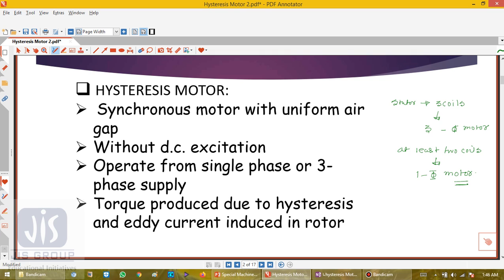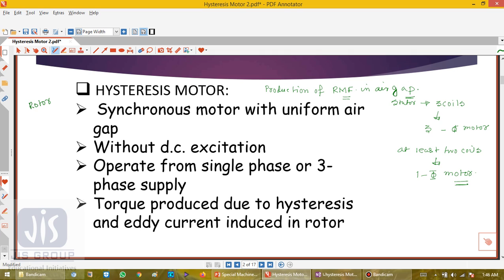So the basic criterion is the production of RMF in the air gap. Okay. The hysteresis motor has two parts: one is the stator and the other part is the rotor.